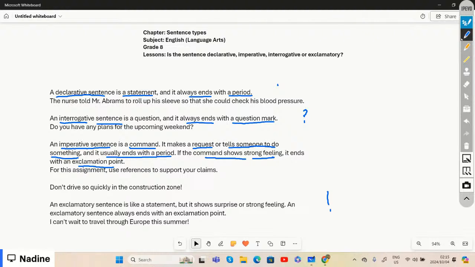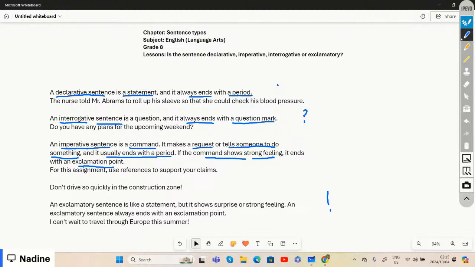An example of an exclamatory sentence is: I can't wait to travel through Europe this summer!